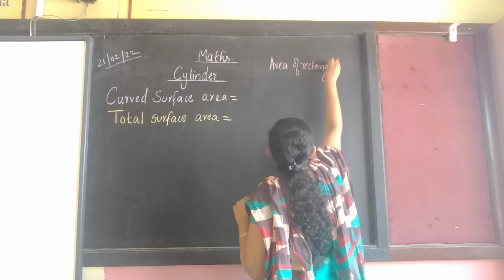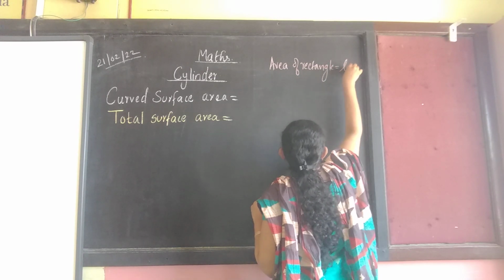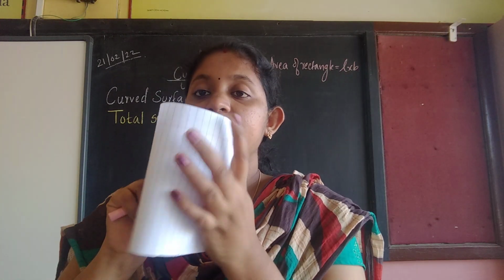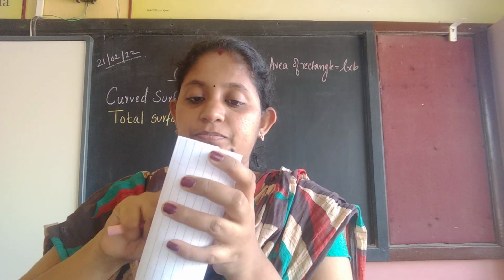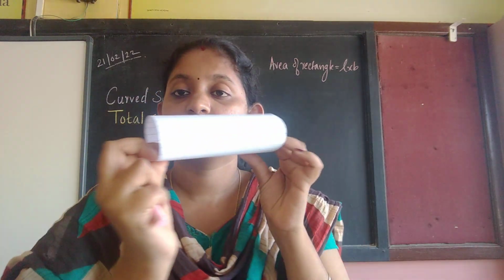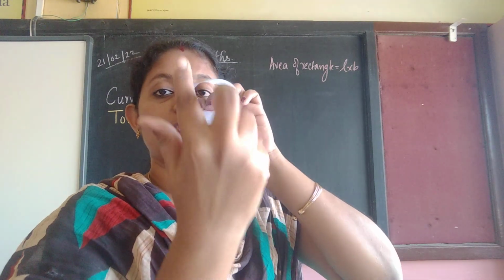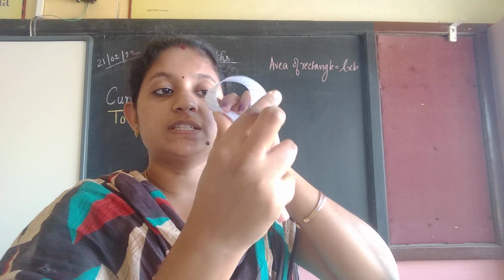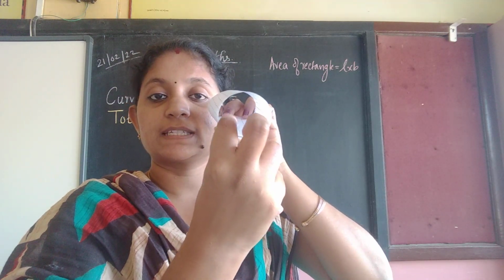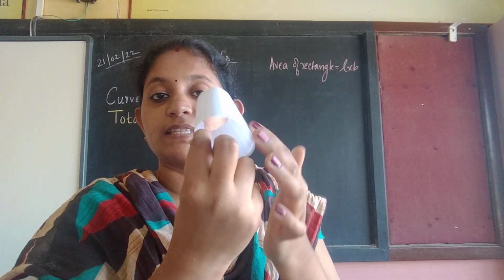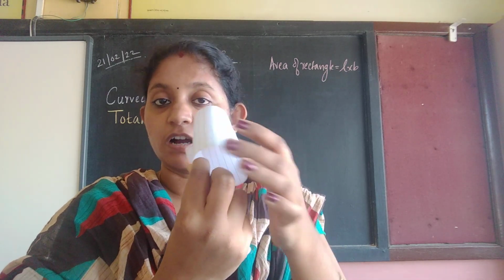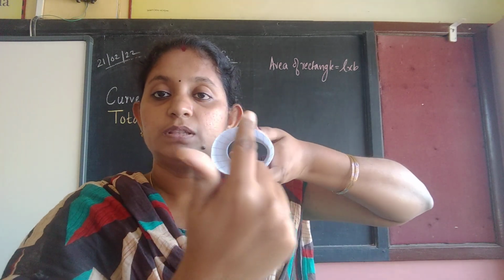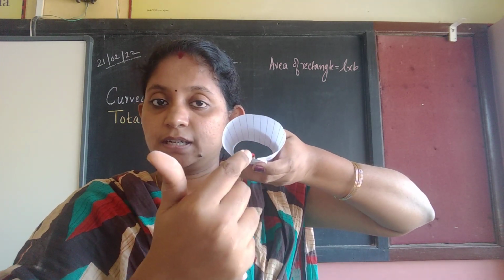When it is a cylindrical shape, you can see it is a circular shape here. And what is this border of a circle called? It is nothing but the circumference, correct? And here also you can see this is the circumference, correct?